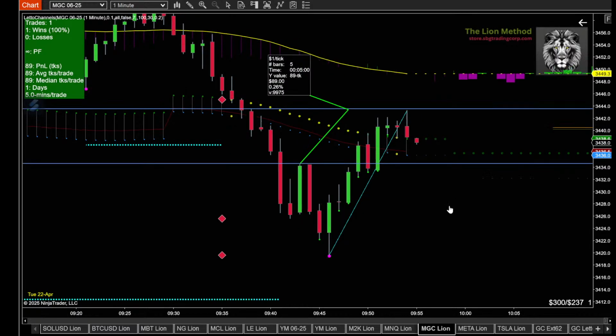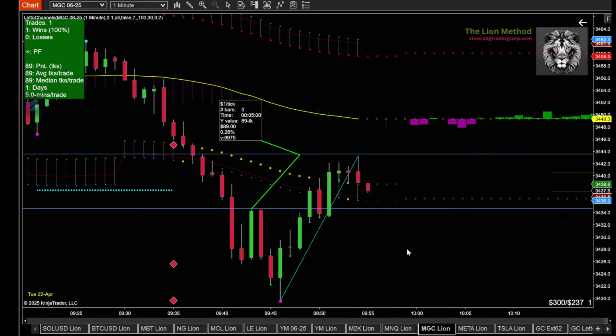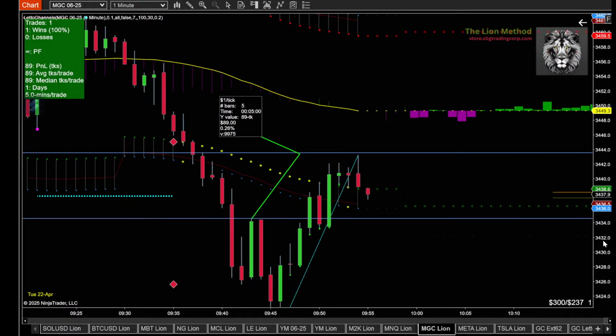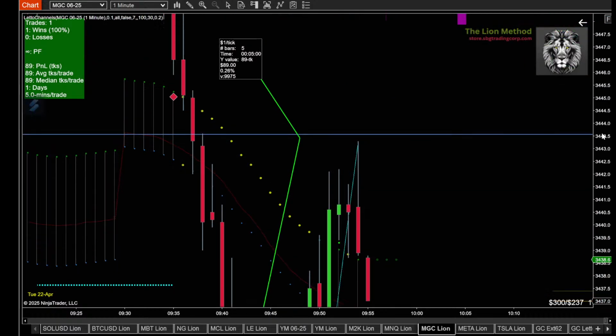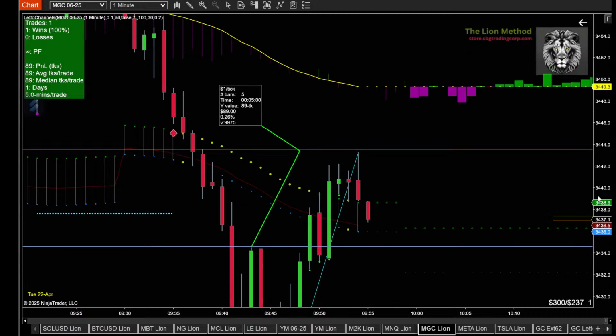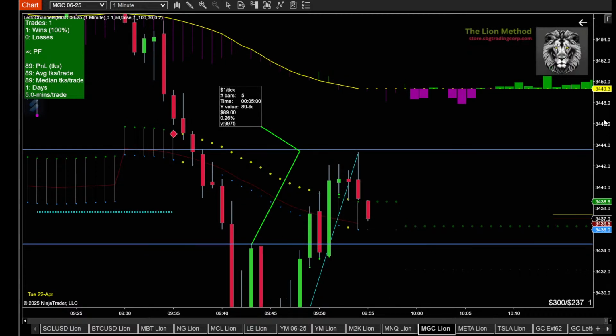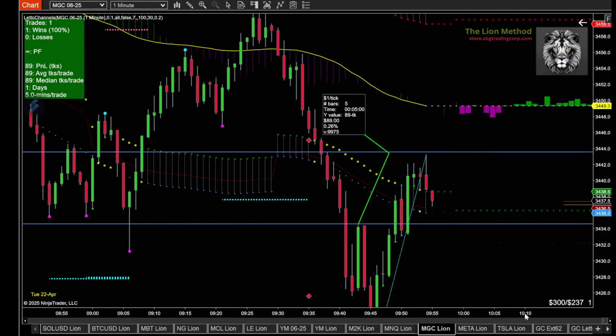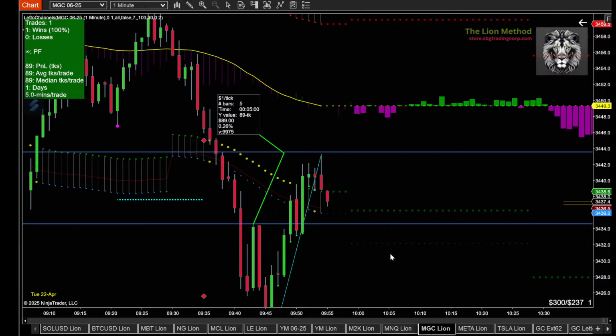Downward bar. You might want to jump out if you're happy with a little bit of profit. I think we missed it by 2 or 3 ticks in the high. See that? Yeah, you missed our target. That's all right. This is how it goes. This is the way the cookie crumbles.